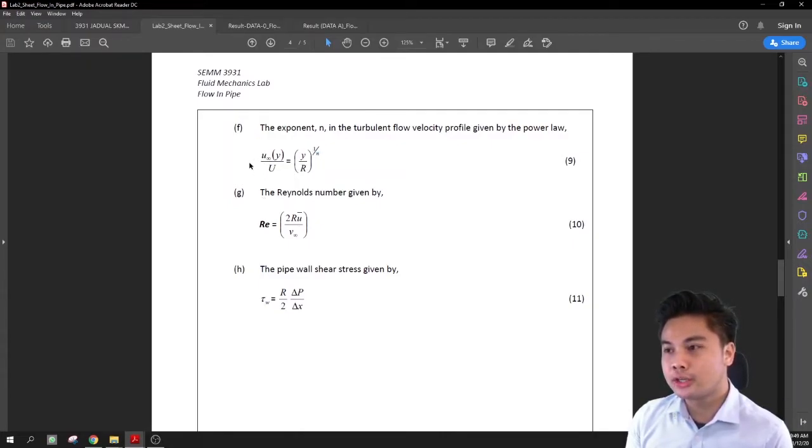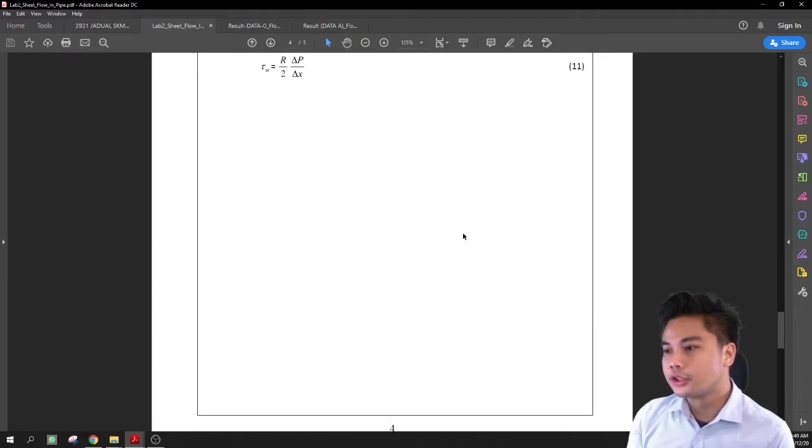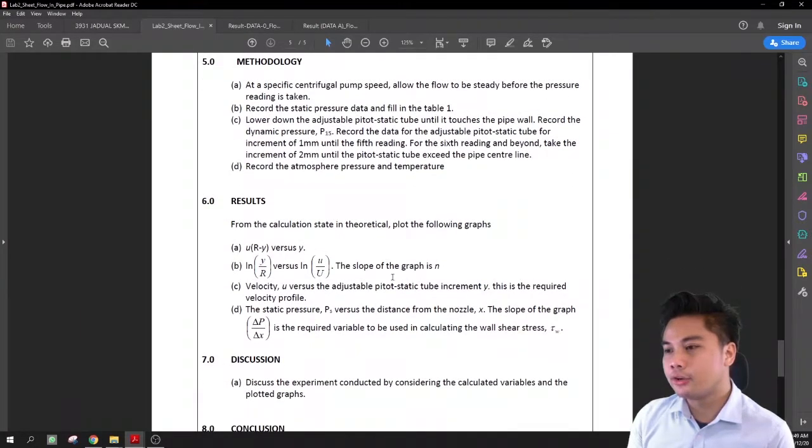You take the ln of both sides, move to the other side, and it becomes ln u over u max equal to 1 over n ln y over R. So from here, I hope you understand how it is formed.